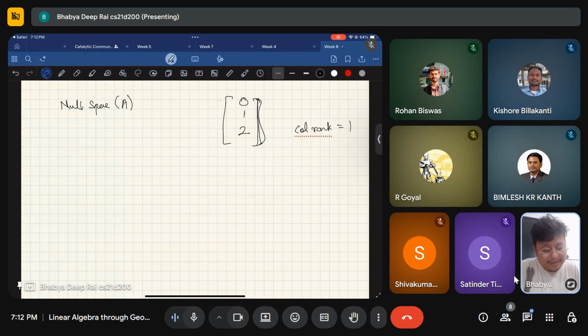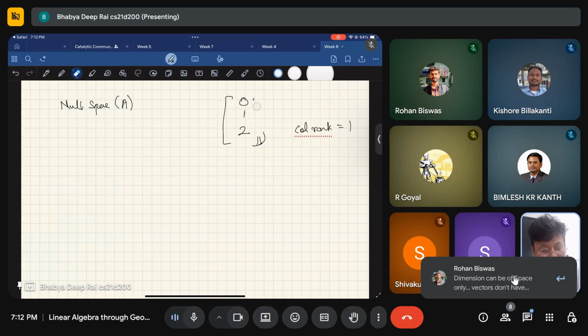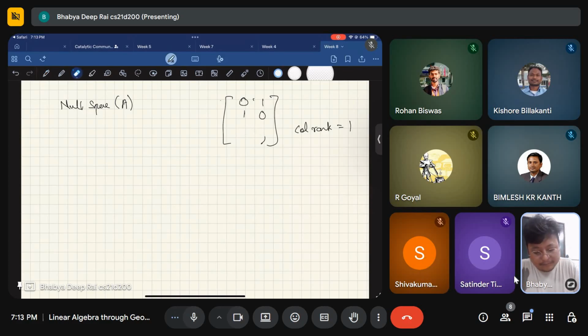This still does not make sense. I think I need another vector to actually demonstrate this. 1, 0, 1. Okay, yeah. Now you'll see that the row rank is 2. What is the column rank? 2. It's still matching so far.